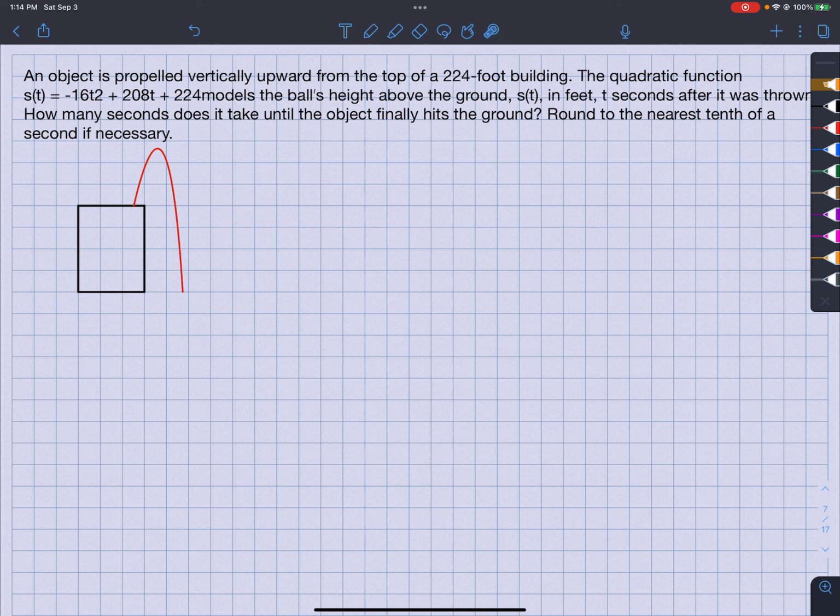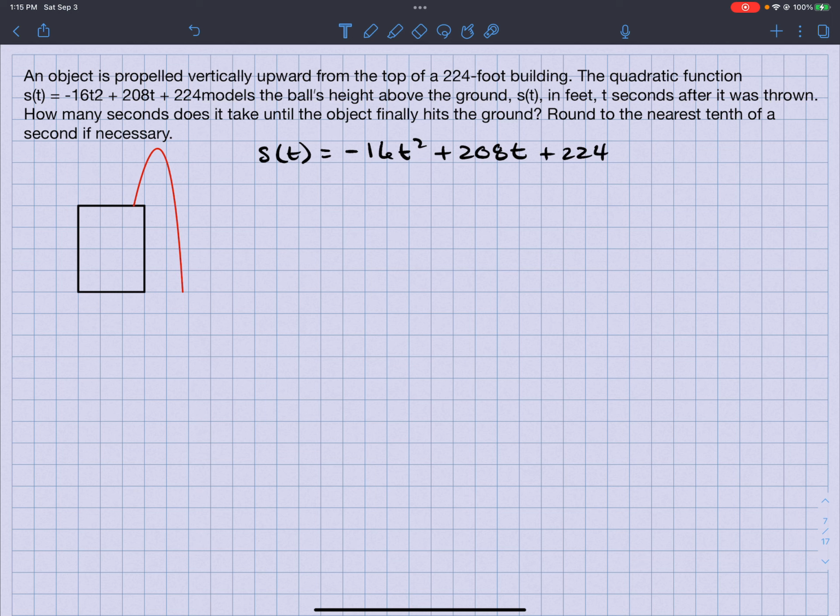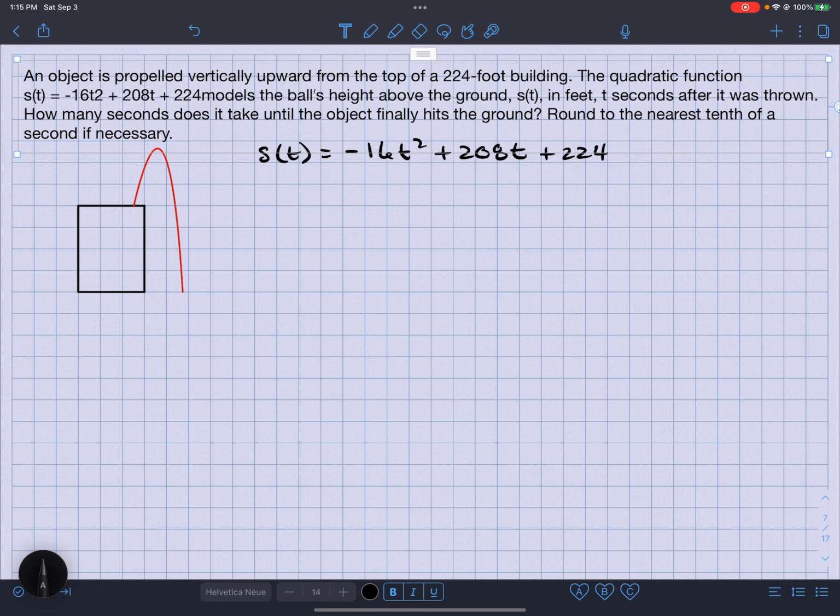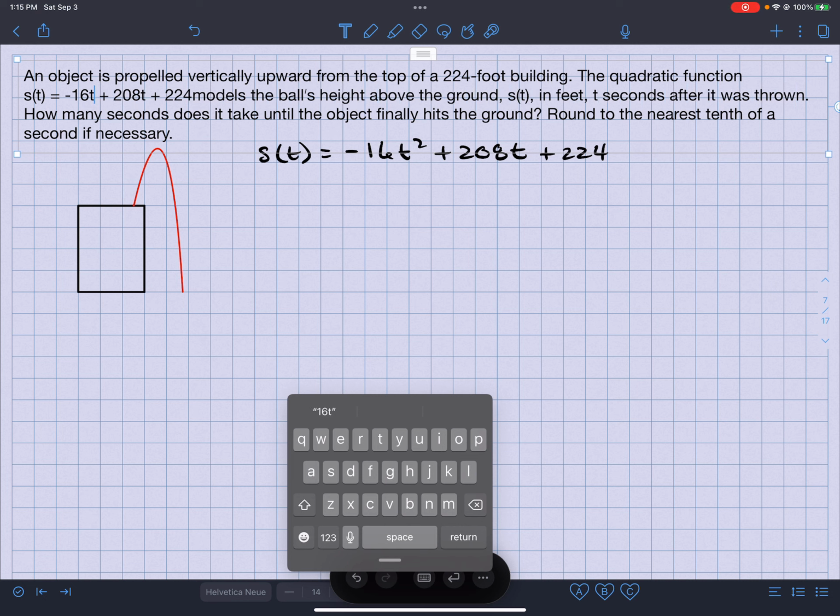The quadratic function s of t is equal to negative 16 t squared plus 208 t plus 224. A couple of things I need to do here. One is to delete that, give me a couple of spaces.